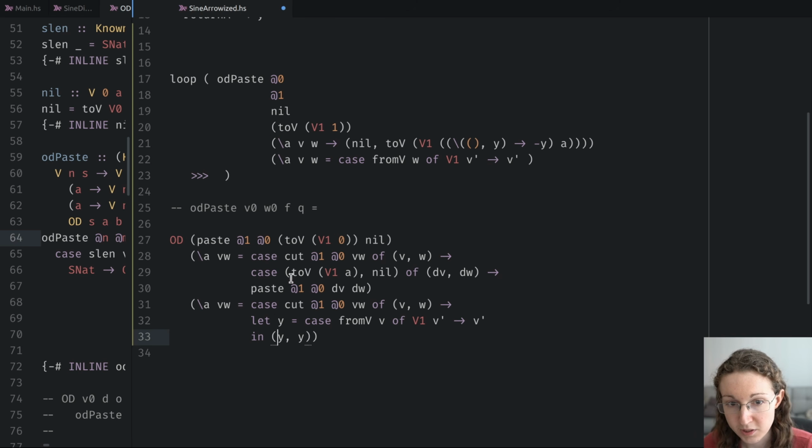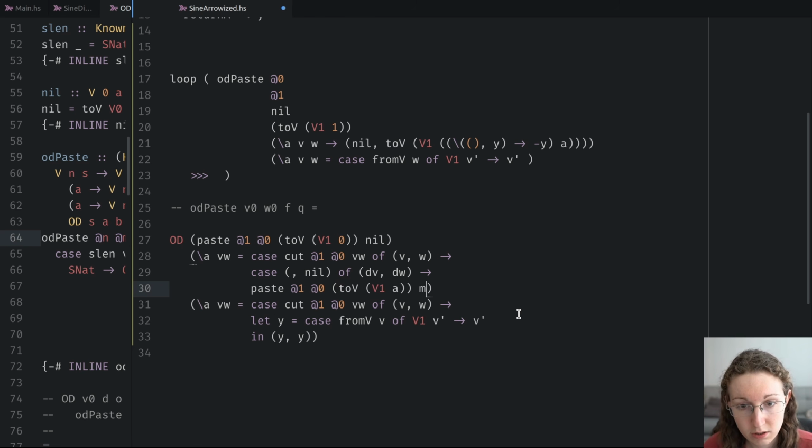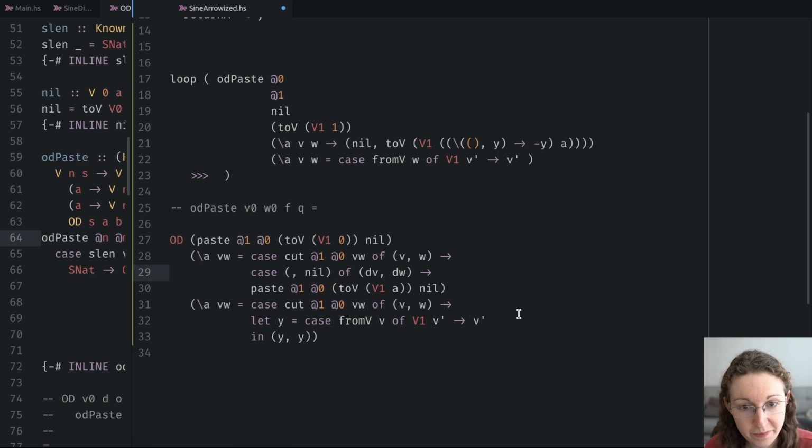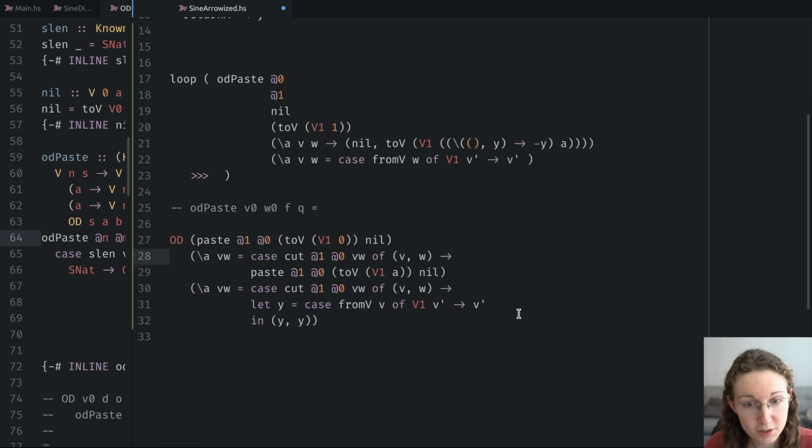Yeah, it seems plausible. Now, this right here, where we are pattern matching on this tuple, we're immediately pattern matching on a tuple and constructing it right here. So we can replace this in for dv, replace nil in for dw, and get rid of that case expression altogether.